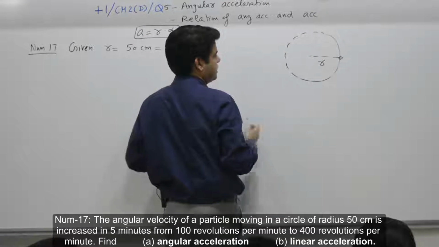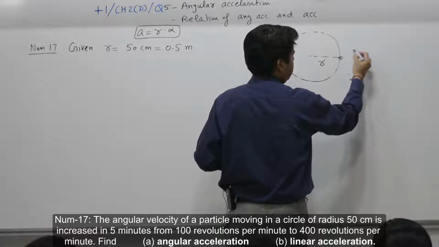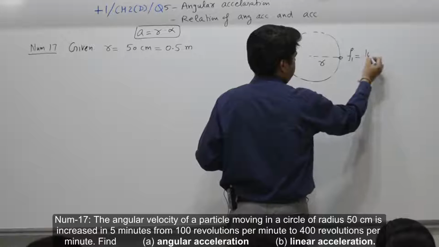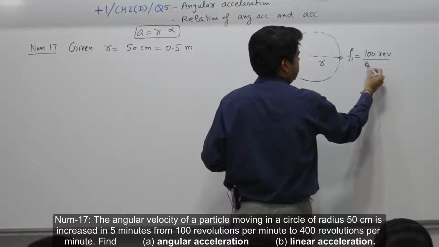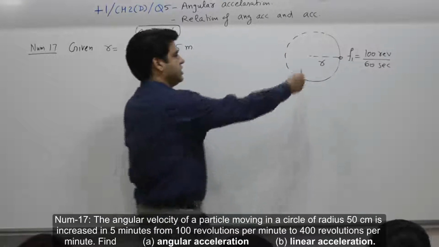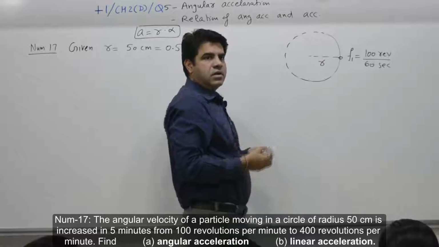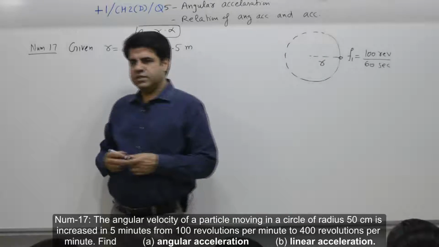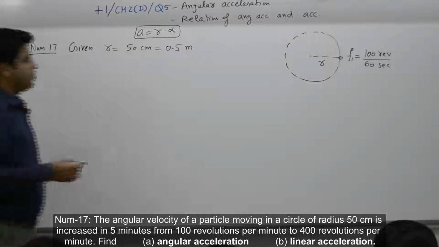The wheel was rotating at 100 revolutions per minute, that is 100 revolutions by 60 seconds. This was the initial status. After 5 minutes, it changes to a new speed.